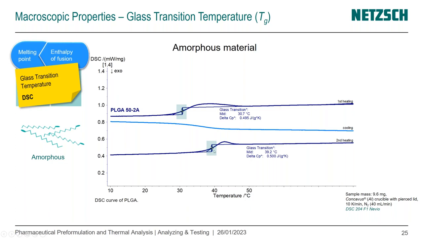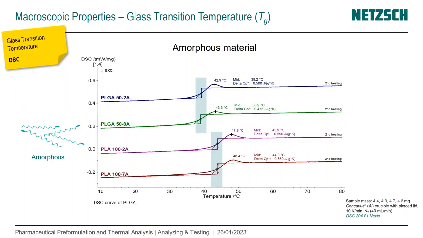And these curves here are of PLGA 52A. This is 50% lactic acid, 50% of glycolic acid with a specific molecular weight, and this is one of the most applied polymers for implants, the commercialized implants that we have nowadays.